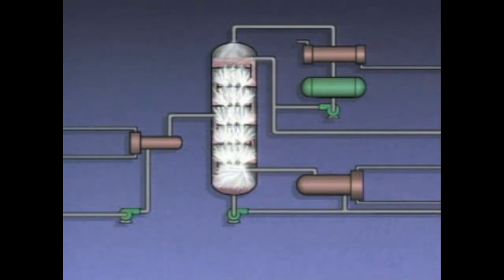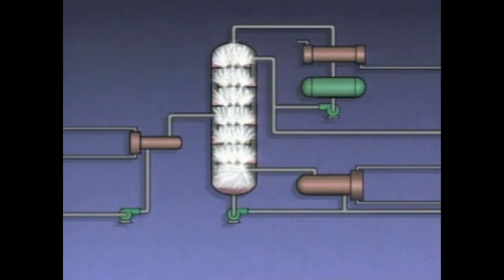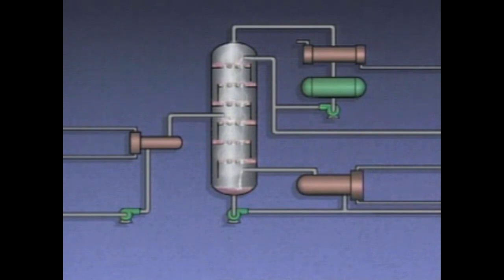If the problem continues, the pressure of the impeded vapor can increase to a point where it forces liquid out of the top of the column. This condition is sometimes called puking. When the vapor pressure is relieved, liquid flows back down the column, and the pressure buildup begins again.